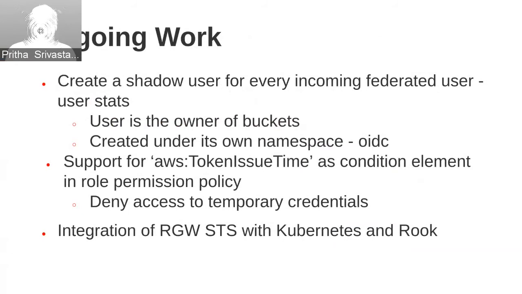So he can do that based on the AWS token issue time token, which will be based off the time at which the session token was issued. And it can be attached as the role's permission policy. And then going further, access using tokens that have been issued before a particular time will be denied.